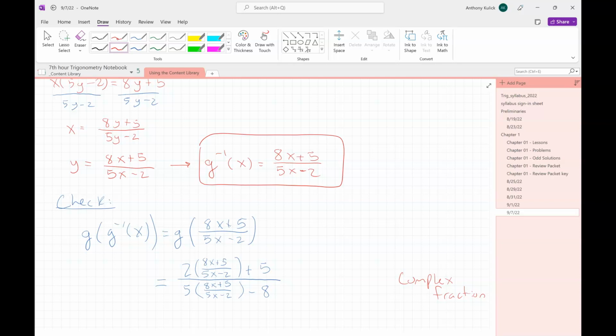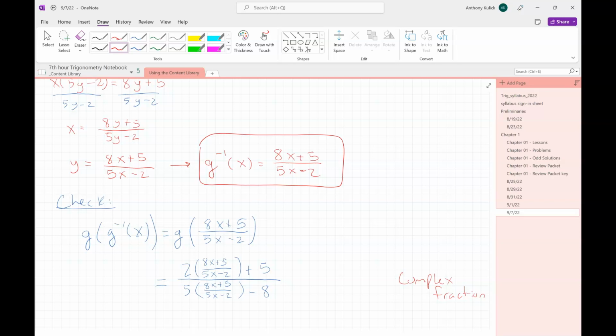All right. What in the world do I need to do to simplify this mess? The first thing I'm going to want to take care of is the fractions inside of fractions part, right? If I can get this down to just something over something, that would be quite helpful. Everybody agree with that?